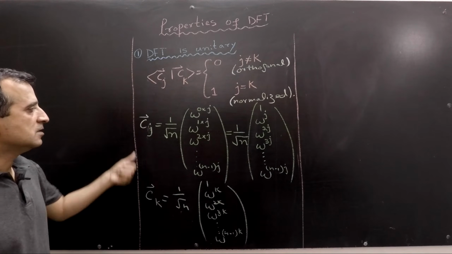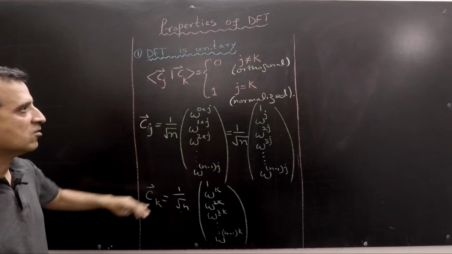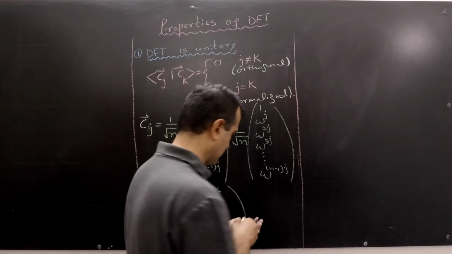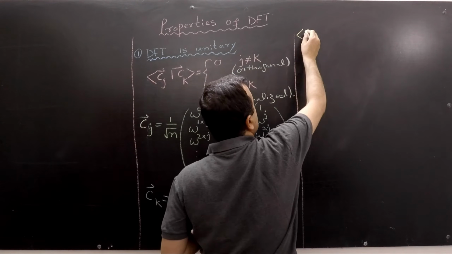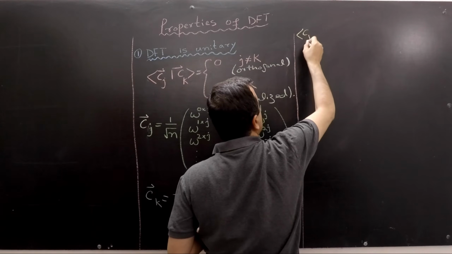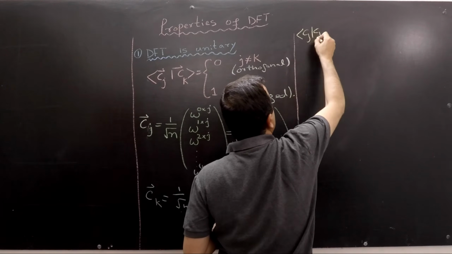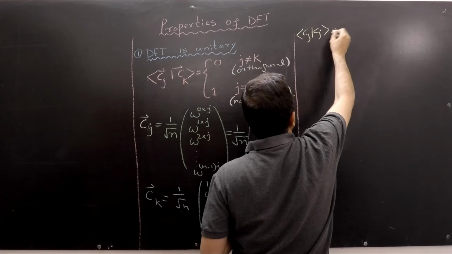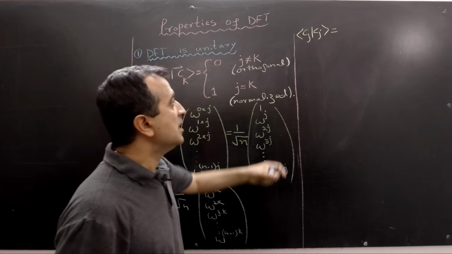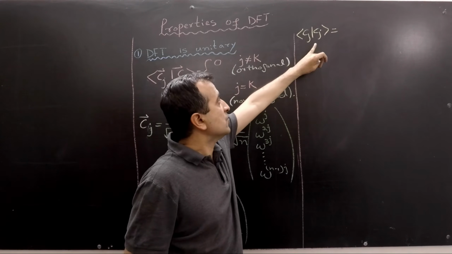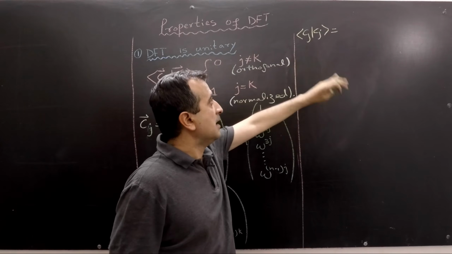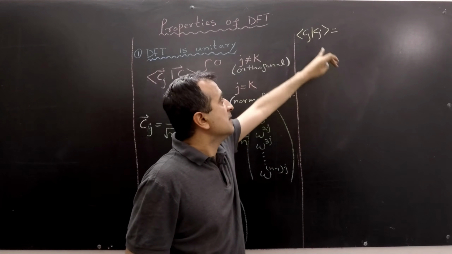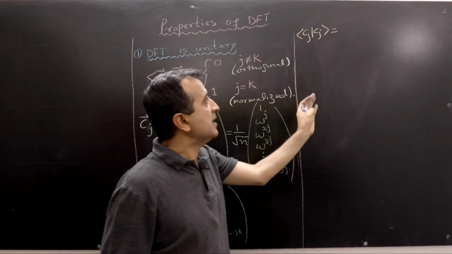Now we compute the dot product of column J with column K. Our dot product will be such that we have to take the conjugate of each entry of the first column and multiply it with the corresponding entry of the second column.